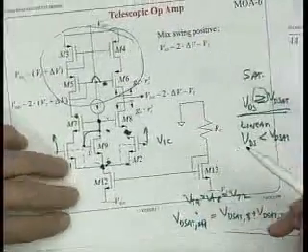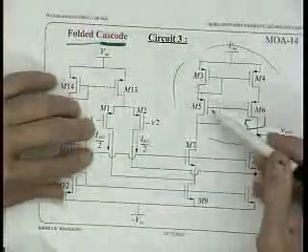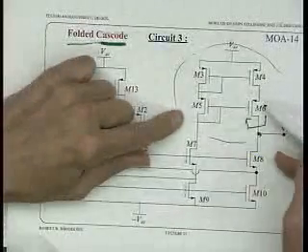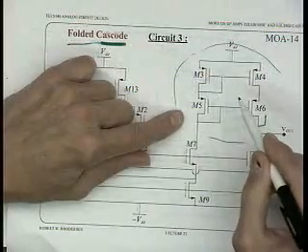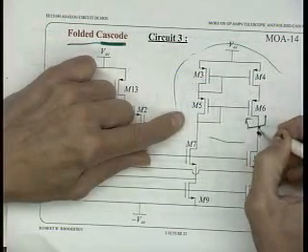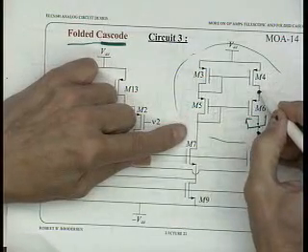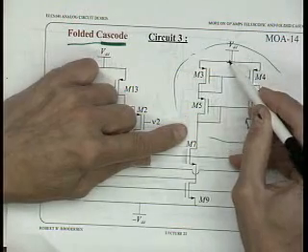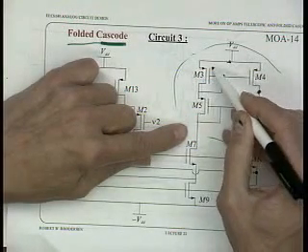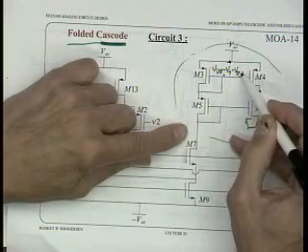Right. So now this is not a high swing, right? How high can this go in the positive direction as it's drawn right here? Well, how high it can go is, what's this voltage right there? It can go within a VDSAT of that. Well, we start at VDD. This is a VDD minus VT minus VDSAT.